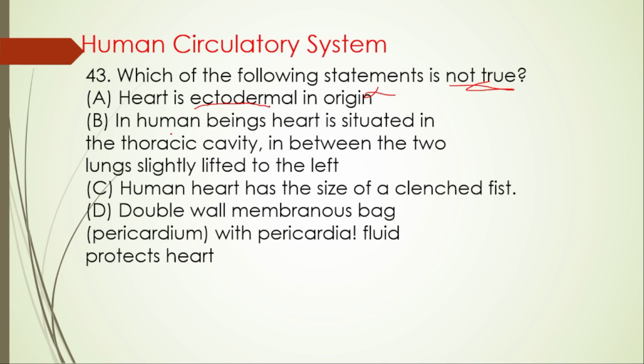Next statement B. In human beings, heart is situated in the thoracic cavity in between the two lungs, slightly tilted to the left. This one is correct. Human heart has size of the clenched fist. Yes, this one is also right. Double wall membranous bag with pericardial fluid protects the heart. This one is also right. So among them, which one is not true is A.